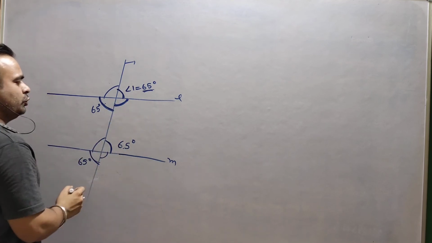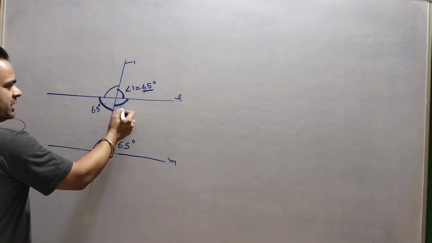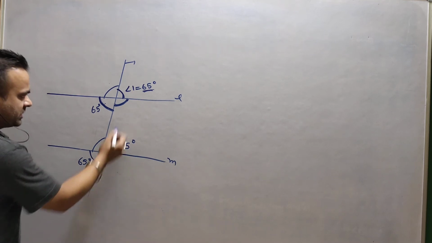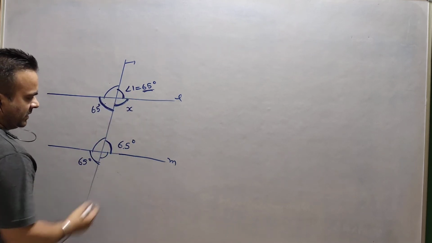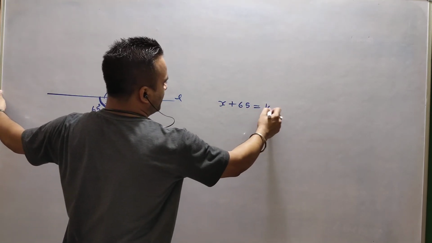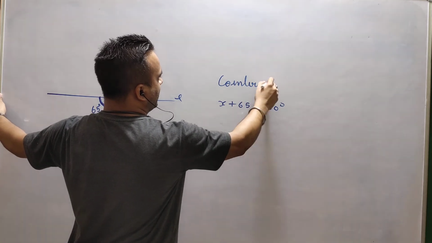And suppose I want to find this angle, there are two approaches. One is we can use this angle and this angle by using linear pairs, or we can use this angle and this angle. Suppose this is x and this is 65, and we know that x plus 65 is equal to what? 180. Reason: co-interior angles.